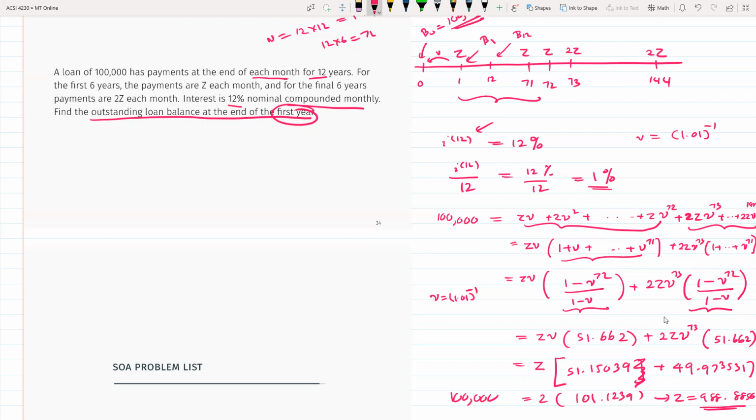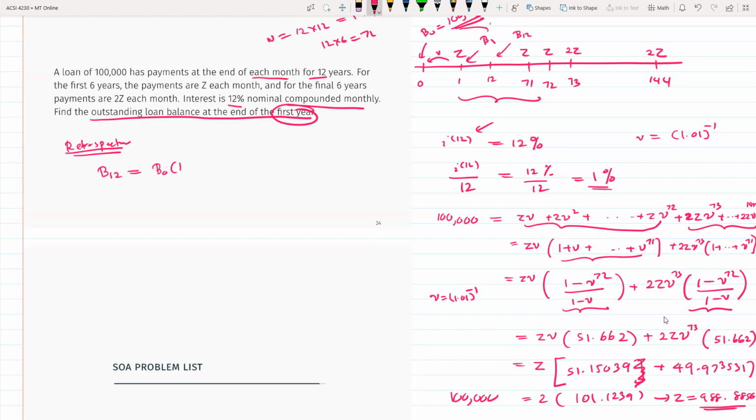One approach, actually we can use two approaches. Let's use the retrospective approach since we know the original loan balance. So if I use the retrospective approach, B12 is going to be B0, the present value of that loan amount, so you have to bring it to here.